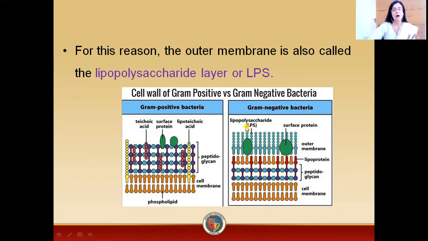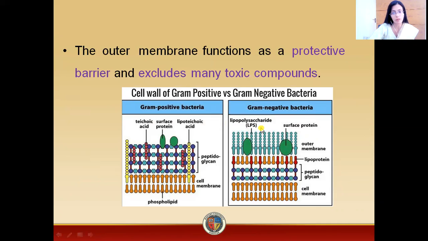For this reason, the outer membrane is also known as the lipopolysaccharide layer, that is the LPS layer. This figure is representing that we have LPS in the gram-negative bacteria. So the outer membrane functions as a protective barrier and it excludes many toxic compounds.